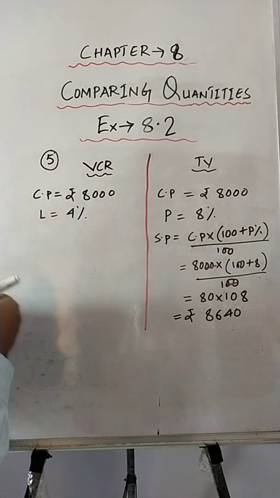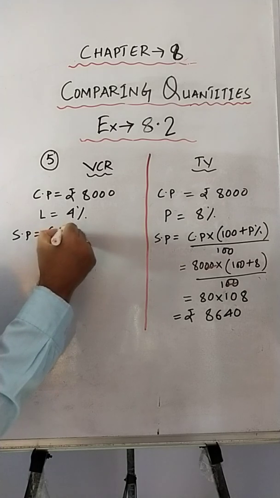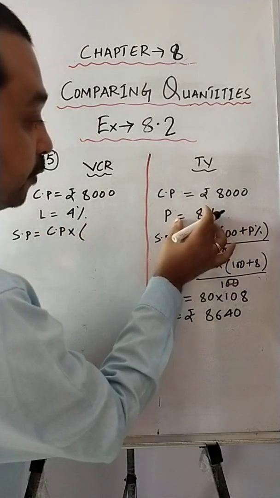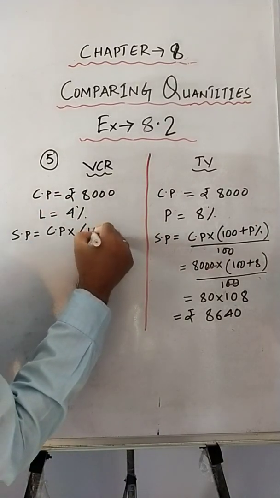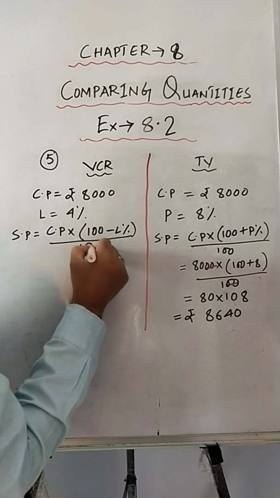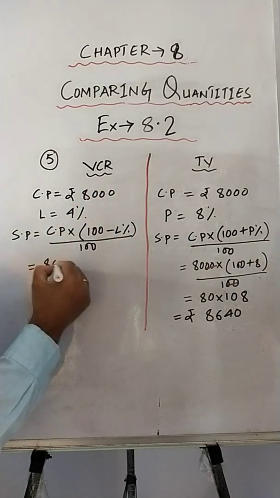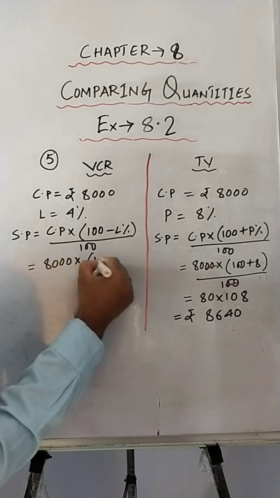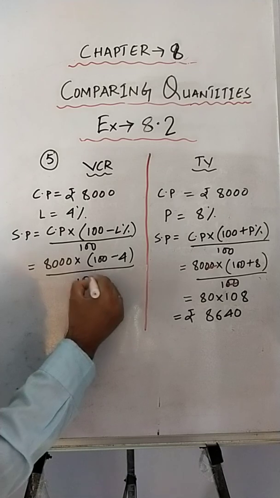Now let us see what would be the selling price of VCR when he is making a loss of 4%. What would be the formula of SP then? SP would be CP into, in case of profit, we added 100 plus profit percent. In case of loss percent, we will subtract. This is the only change in the formula. Fine. So what is CP? 8,000 only. So 8,000 into 100 minus 4 by 100.